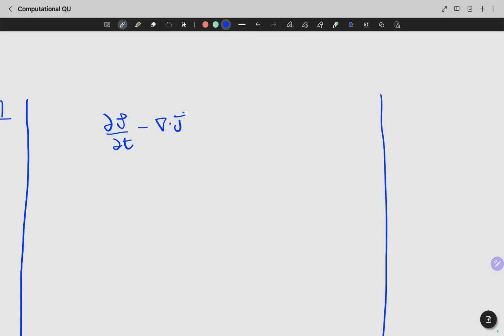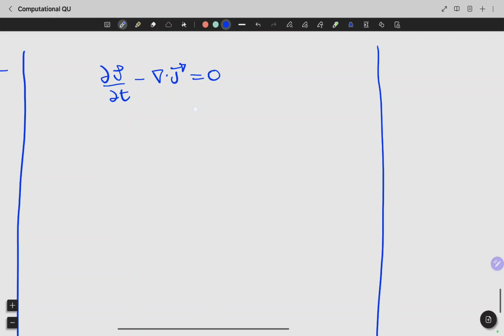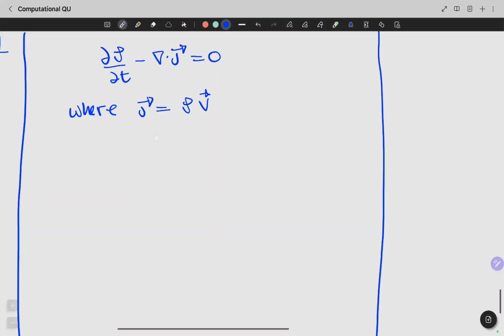Minus the divergence of j equals 0, where j is rho v. So that means you can rewrite this: the divergence of j is like saying the divergence of rho v, which is the normal product rule.